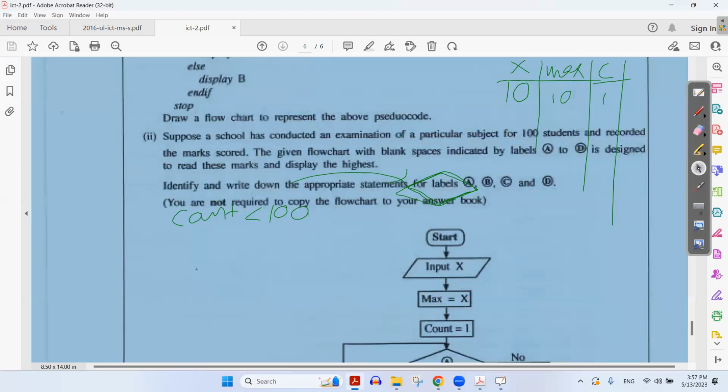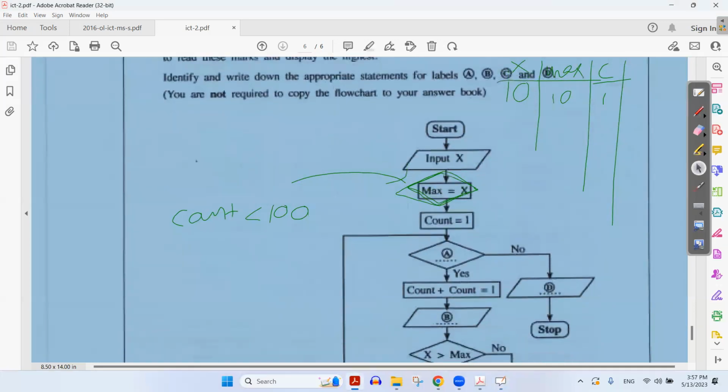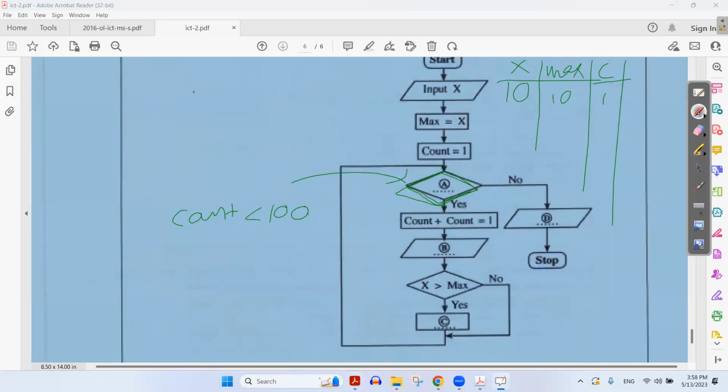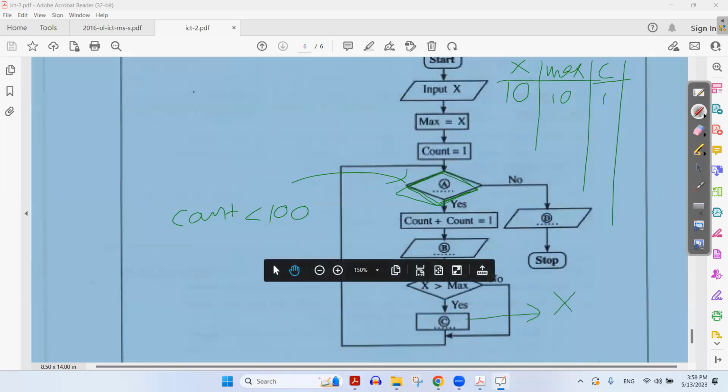Let's keep that and go. If X is larger than max in here, we are going to say assign X to max. The other way around, that should be.